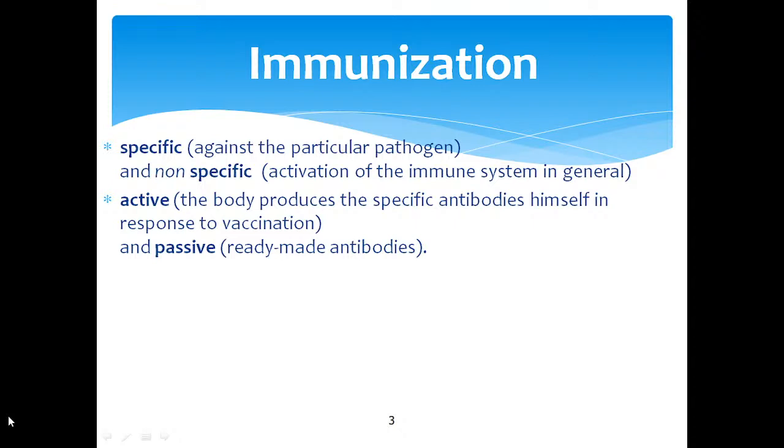And it can be active: the body produces the specific antibodies itself in response to vaccination. And it can be passive, with ready-made antibodies. So that means we can choose what kind of drug we use for immunization. Active or passive, specific or non-specific.